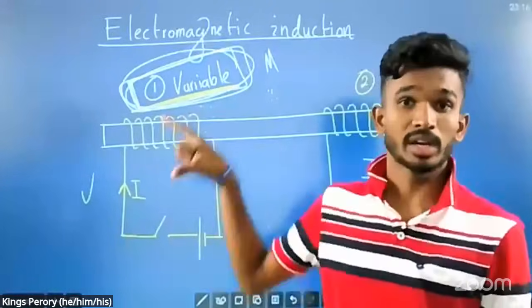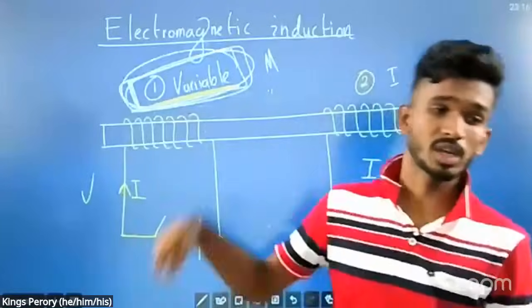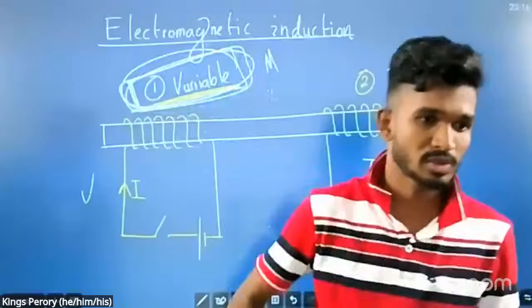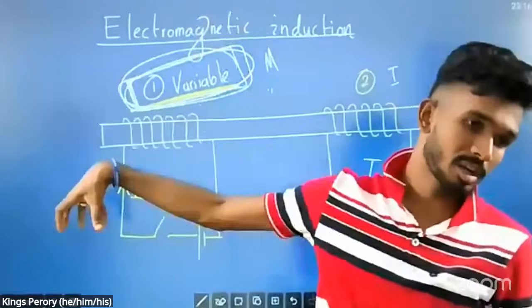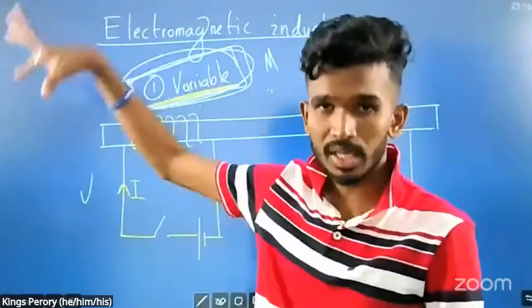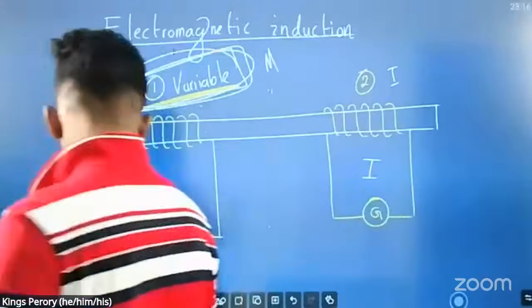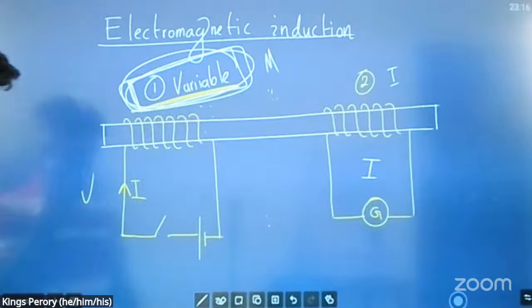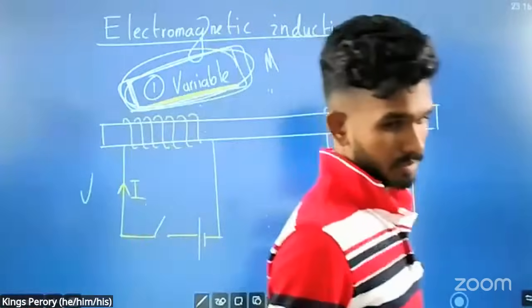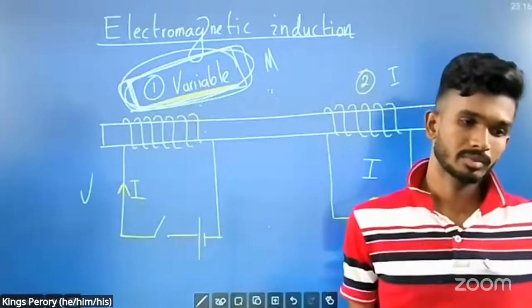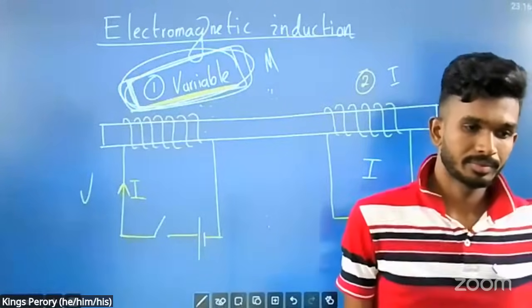But for that, you have to switch it on and off multiple times. That will create a variable current here. Variable current will create a variable magnetic field. Variable magnetic field will induce a current on the other side. Got it? There is a deep part in physics. Okay.